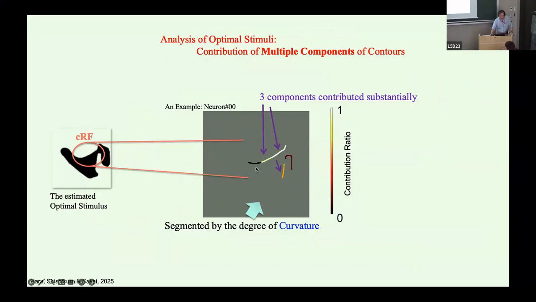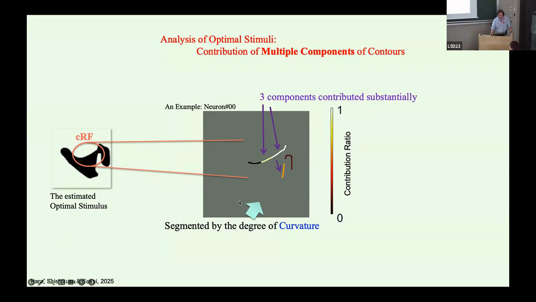You may be able to see some of these curves, and they are a part of the optimal stimuli which fell onto the classical receptive field of this neuron. Okay, so we want to check which part generated stronger responses. The colors indicate the degree of contribution, with white and black indicating strong and weak responses, respectively.